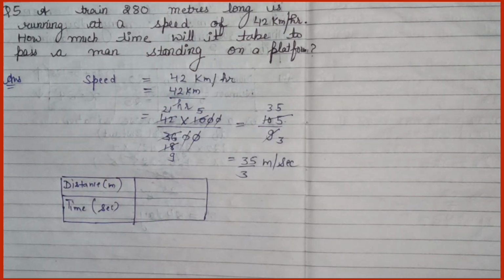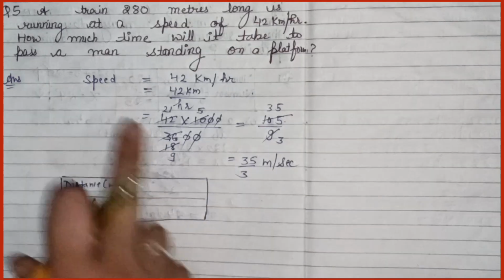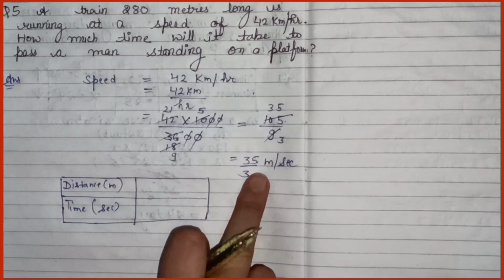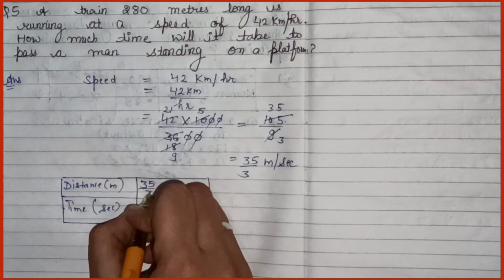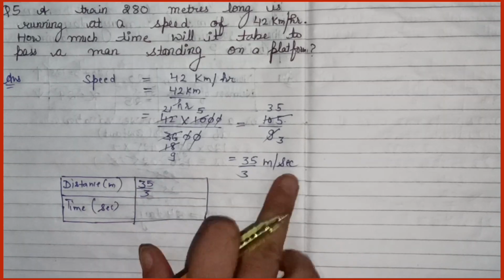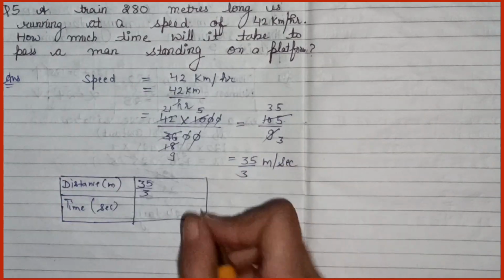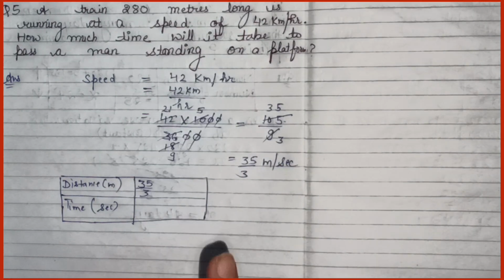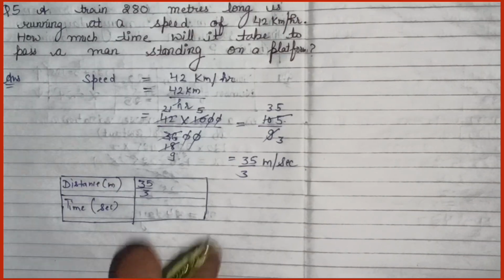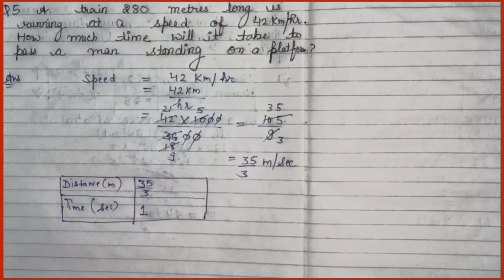So here we calculate the speed of the train in meter: this is 35 upon 3. Time in second means per second, and per second means 1. So 35 upon 3 meter per second means time is 1.